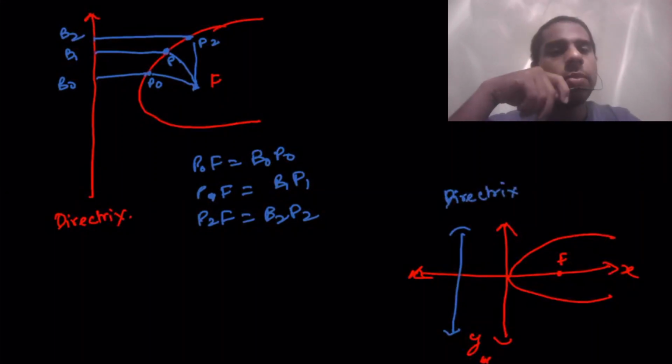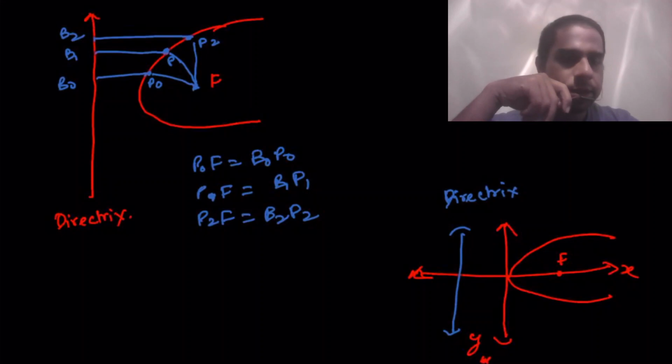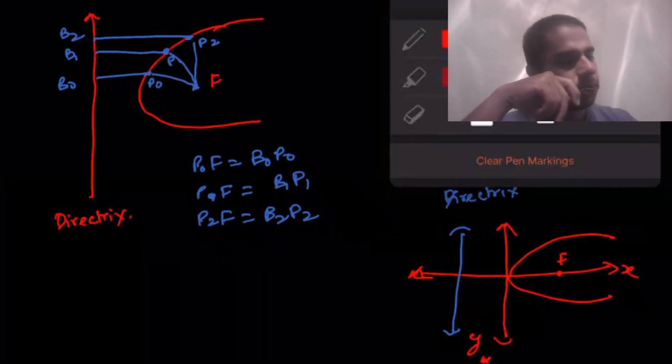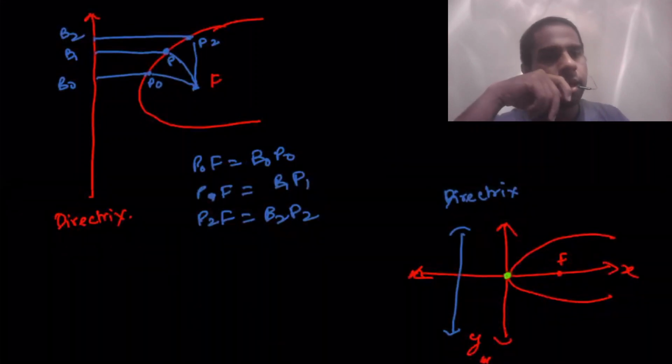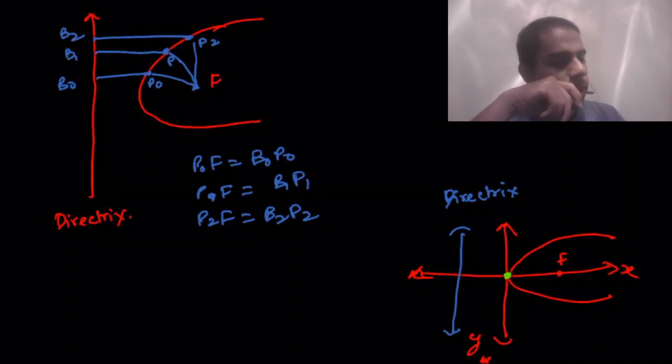Now, what will be the distance of the directrix and the vertex of the parabola? This is the vertex of the parabola, the point where the parabola intersects the axis.